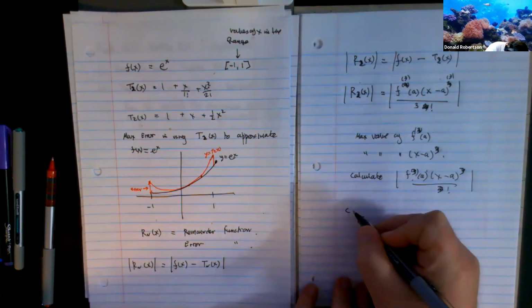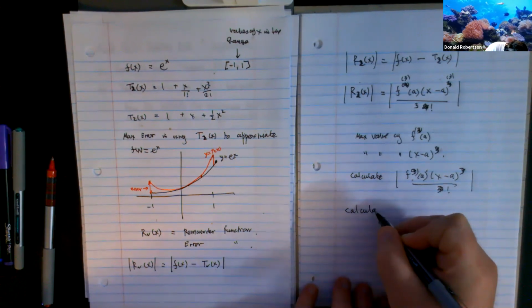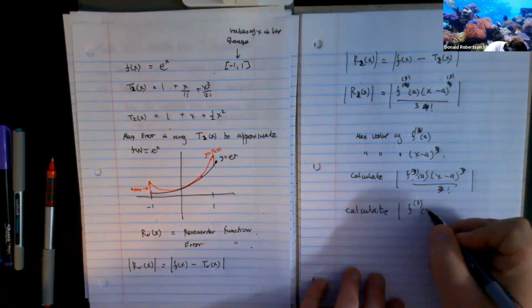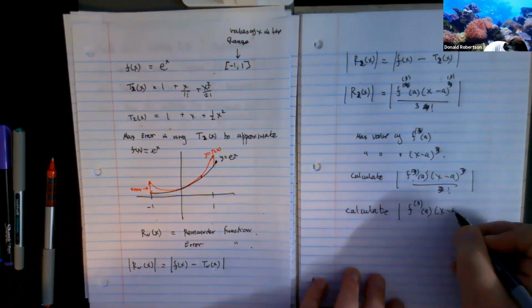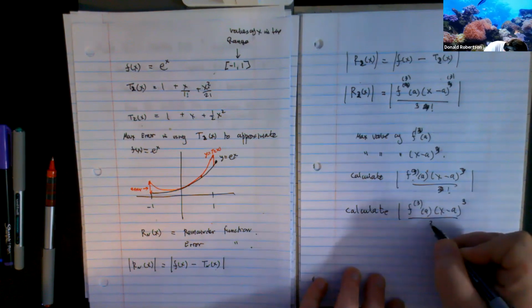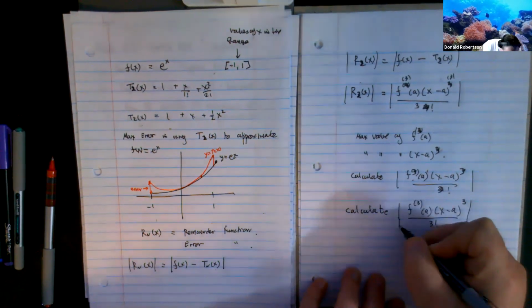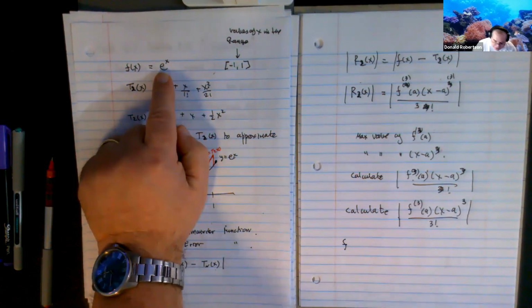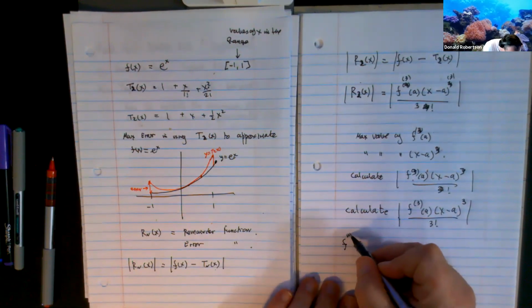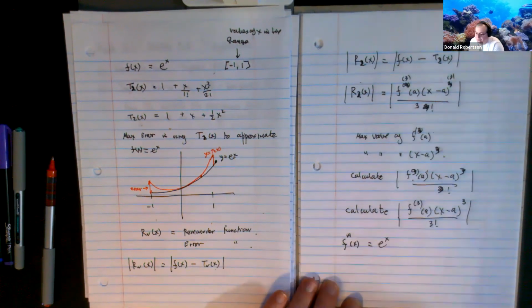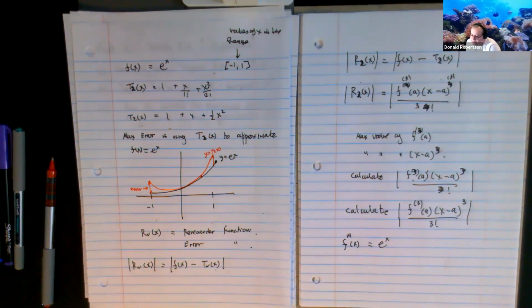So I need to calculate the 3rd derivative of a, (x minus a) to the power of 3 over 3 factorial. For my function f of x, isn't the 3rd derivative e to the x? Great.